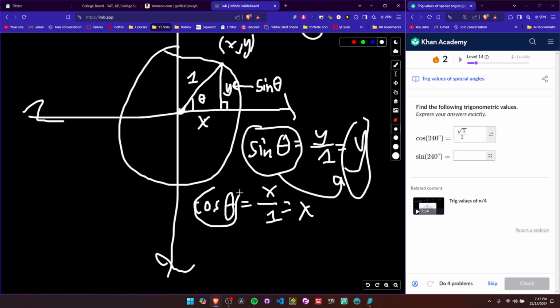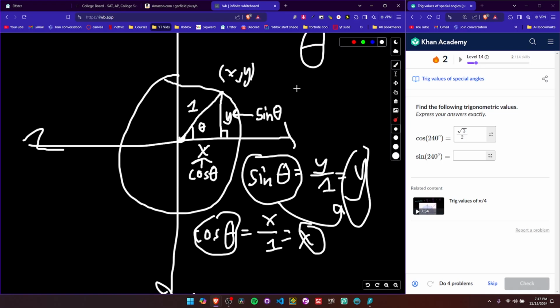So that basically means we can replace x with cosine of theta. Because we have these two values that map to x and y, we can get the coordinate point as cosine of theta, comma, sine of theta, right?